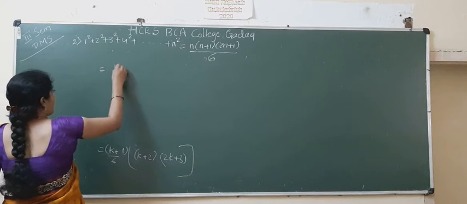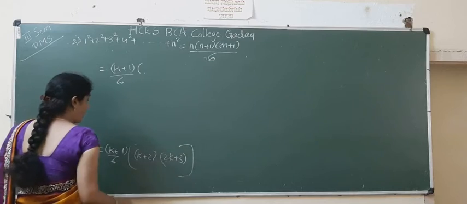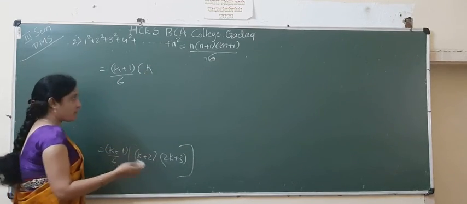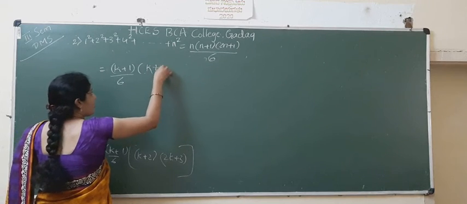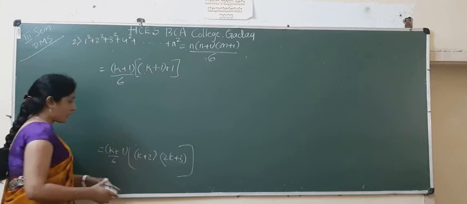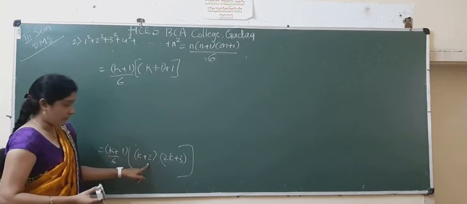Now see, k plus 1 divided by 6. Now I write this as k plus 2 can be written as k plus 1 plus 1. So both are written the same. k plus 1 plus 1 is nothing but k plus 2.